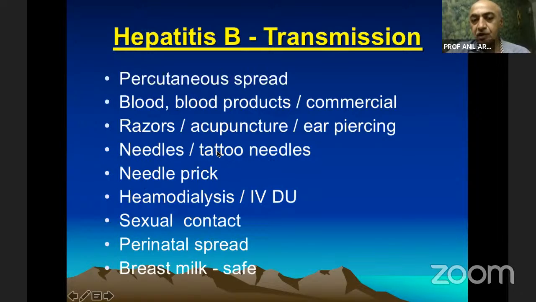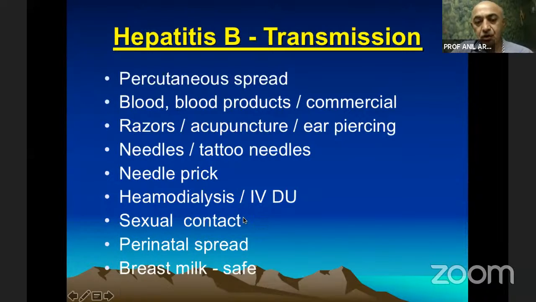Tattooing needles, tattooing is becoming the fashion of the day. People will look at our beautiful film stars, Hollywood stars and Bollywood stars, and they keep copying their tattoos. And once you get a tattoo, you are not sure whether you are using a disposable needle, and that may be the source of infection. And then you have an unfortunate lot of people who are intravenous drug abusers or on hemodialysis. They are more likely to have hepatitis B virus infection.